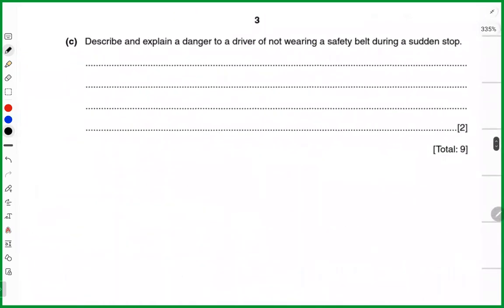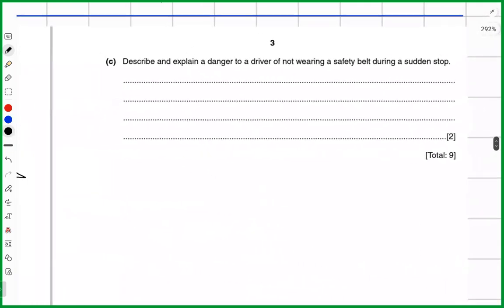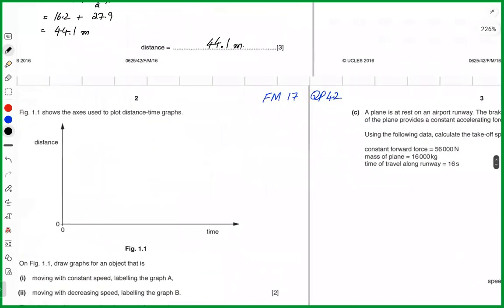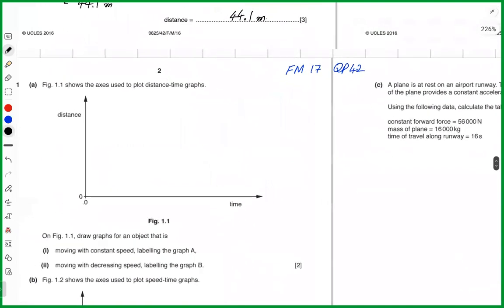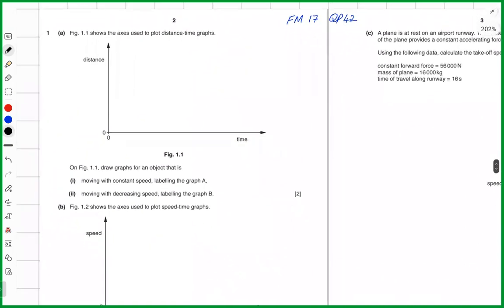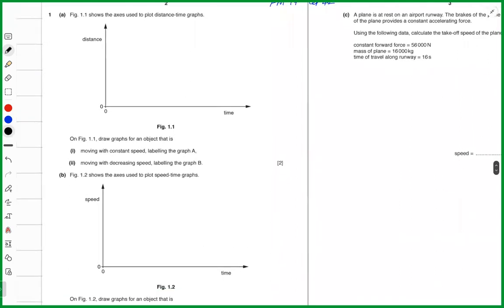Now, describe and explain the danger to a driver not wearing a safety belt during the sudden stop. So that is irrelevant right now because we haven't done that thing. Let's see. Okay. I hope if you remember what we did yesterday, you can do the first two parts.